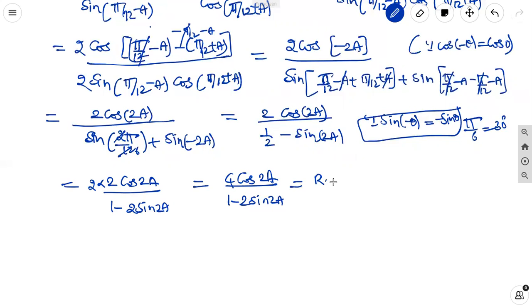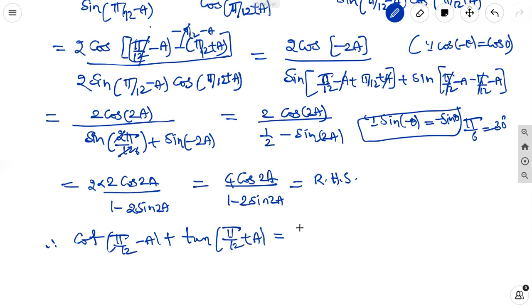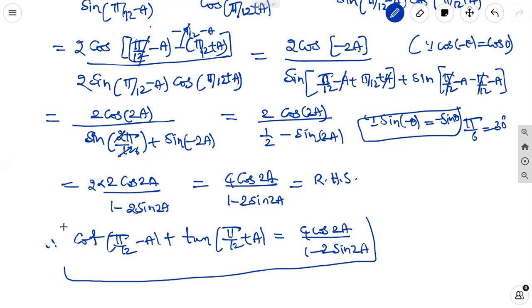This is equal to RHS. Therefore, cot of pi by 12 minus A plus tan of pi by 12 plus A is equal to 4 cos 2A by 1 minus 2 sine 2A. That is the third one.